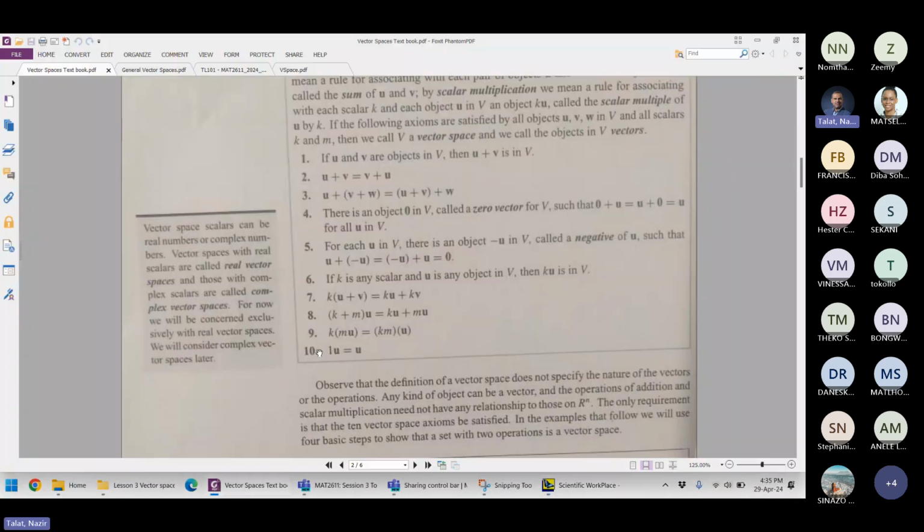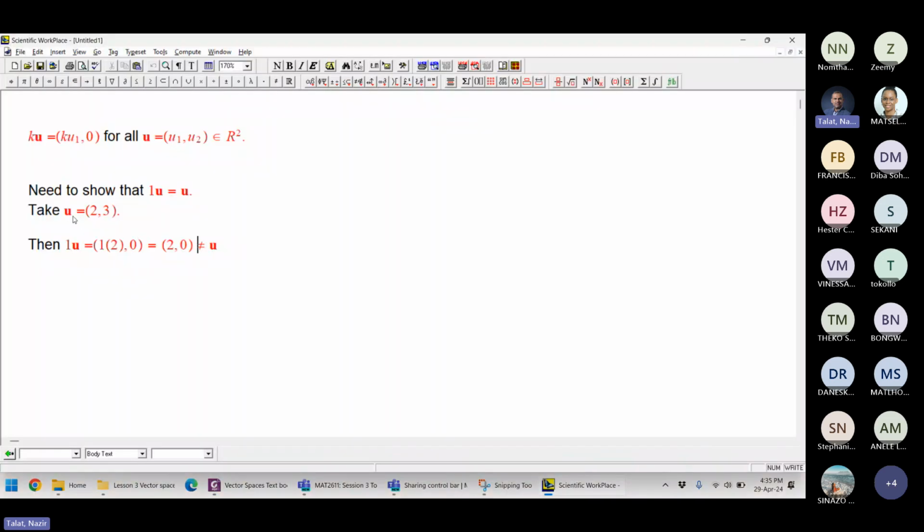But here we have noticed that we get some specific vector in R square for which it does not hold. It means 1 times u is not equal to u. Hence we can say that the axiom does not hold.